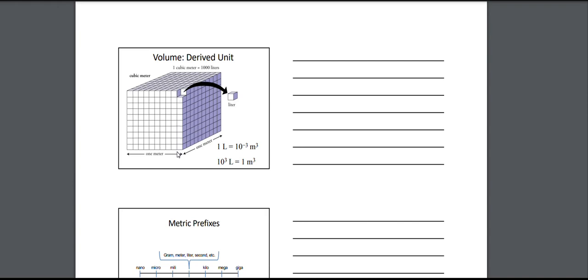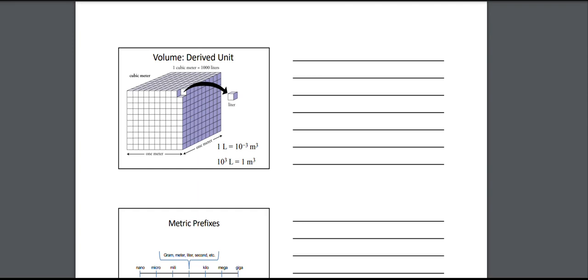So if the cube is 1 meter in width, 1 meter in length, and 1 meter in height, you can multiply the length by the width by the height, and you'll get the volume of the cube, or the volume of the liquid itself. So that's why it's also called a derived unit.